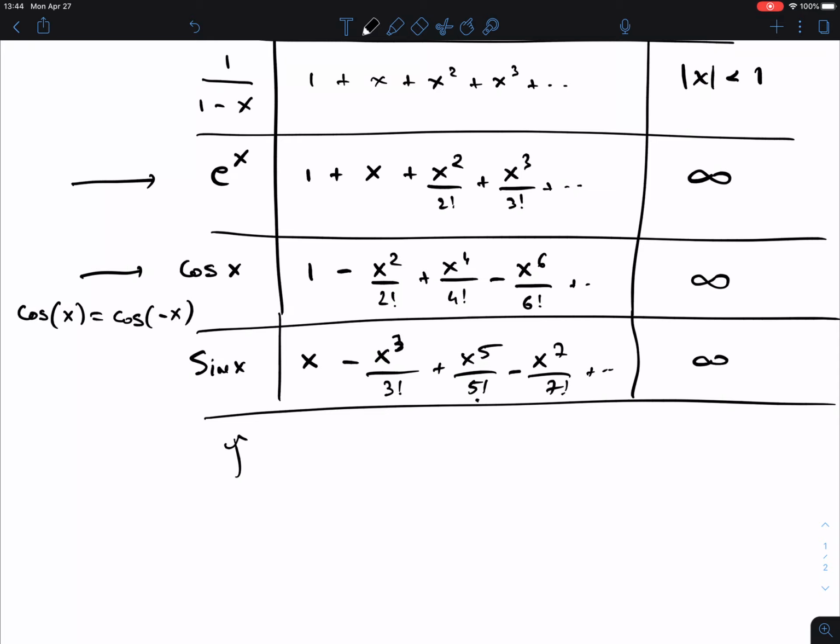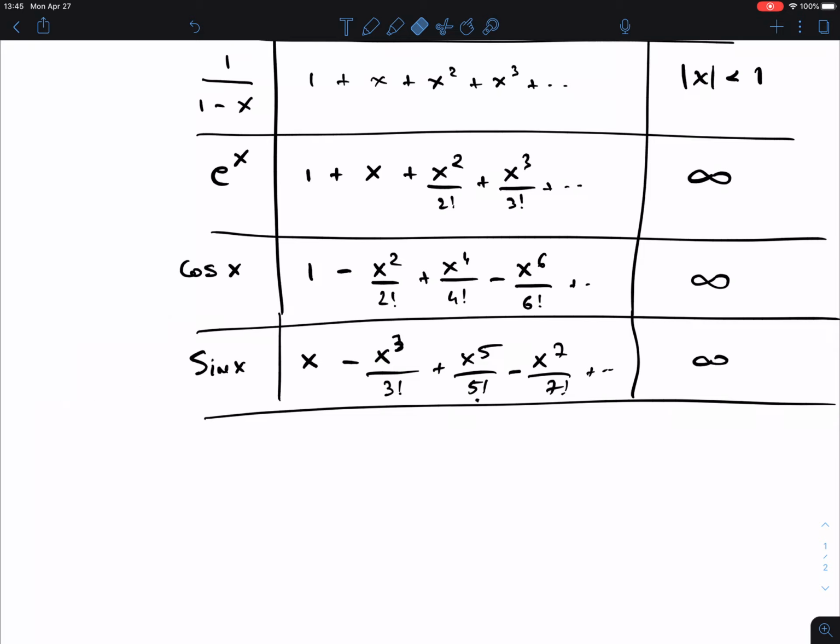And now you can see this very easily in the series, because if you replace x by negative x, you're taking even powers, so the negative sign doesn't play a role. Okay? And for the sine, we have that sine of negative x is negative sine of x, and that comes from the fact that now we have odd powers, so we have a negative sign coming out. Okay, but that's not what we're talking about today, so I'm going to put this away. It's not what we want to do.